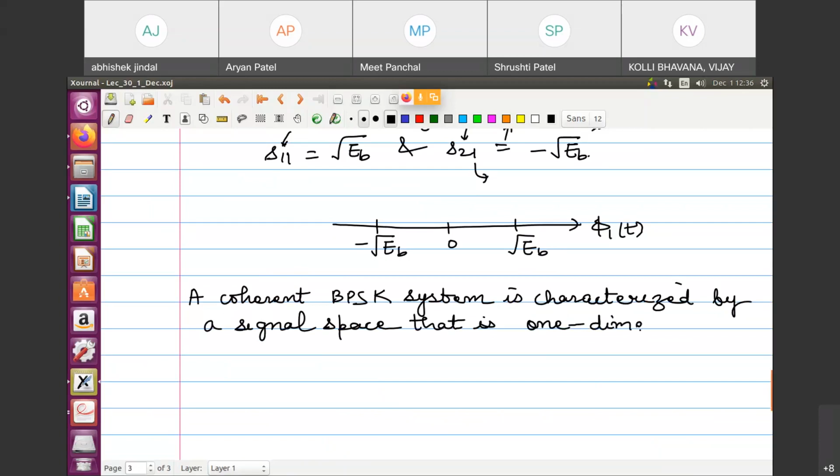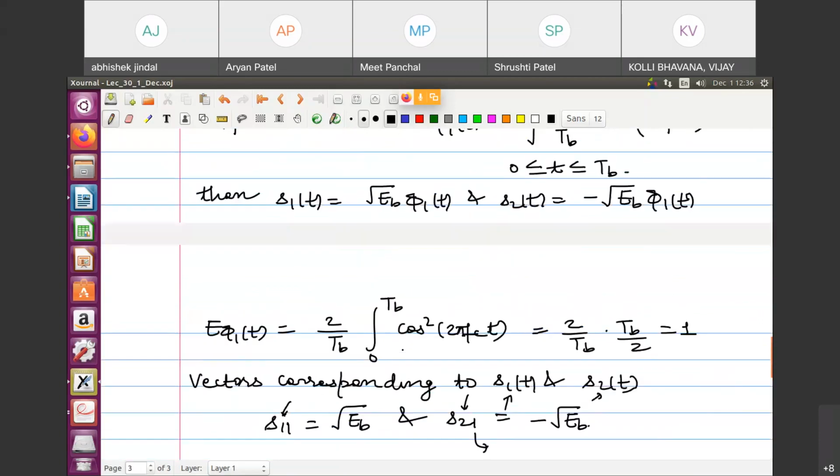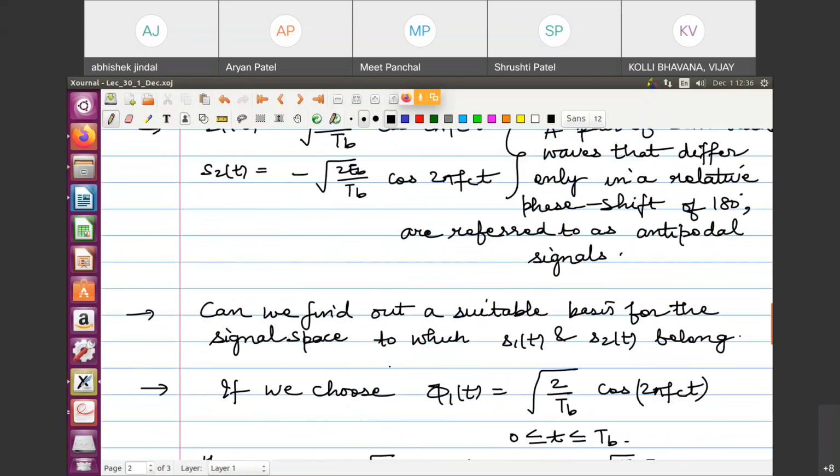This you can clearly see because the number of basis functions is 1, that is N equal to 1, and M is equal to 2. We have two possibilities, because our system contains only two signals.